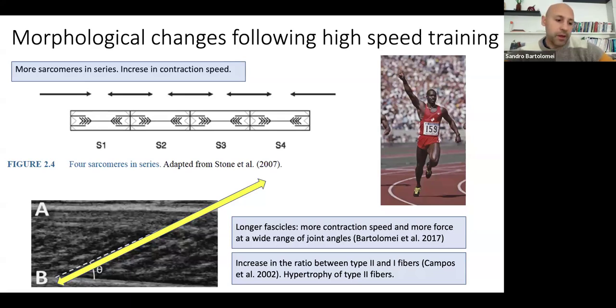So more quickness, more speed of contraction, and at the end, this may result in an increase in power, especially in speed strength. So explosive strength with more focus on speed compared to strength, okay? So there is a continuum in force from maximum isometric force to the maximum rapidity.